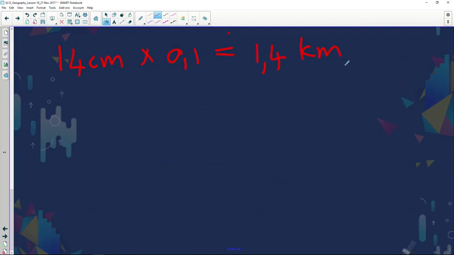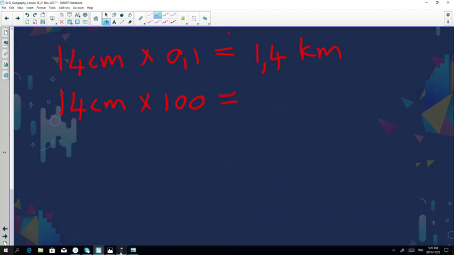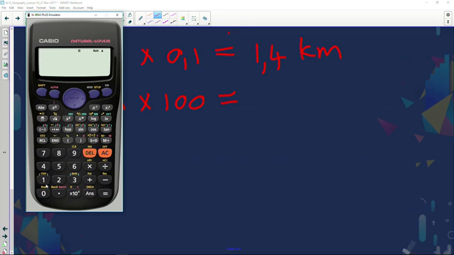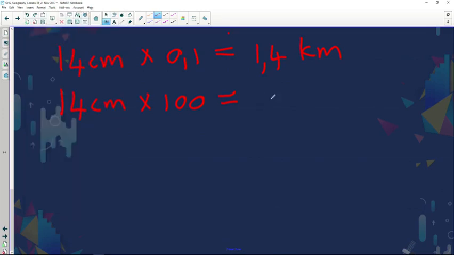If I want my answer in meters, I'll go 14 centimeters times 100. Once again, go and use your calculator. And that equals 1,400 meters.